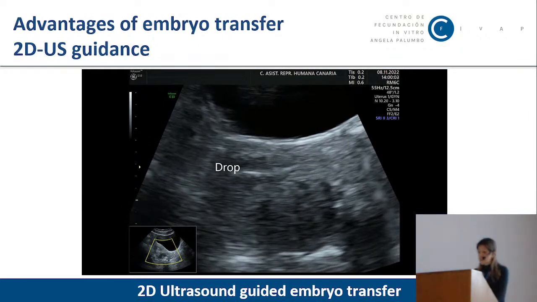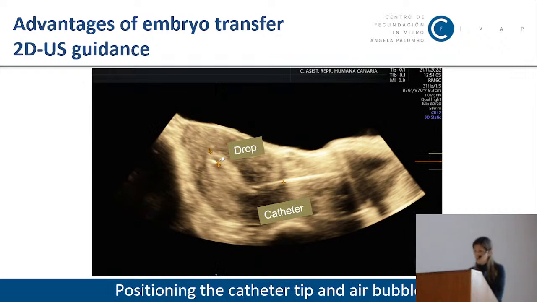And one of the advantages of ultrasound-guided embryo transfer is that the physician is able to visualize the catheter tip until depositing the drop at the desired distance from the uterine fundus. We can also monitor the final position of the embryo flash with two-dimensional ultrasound.